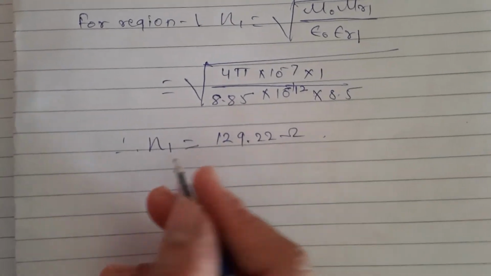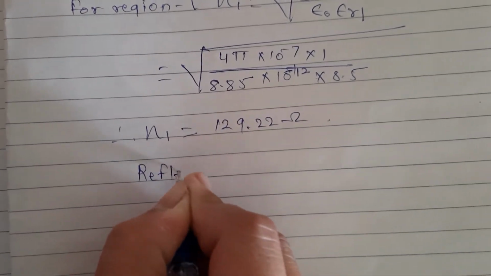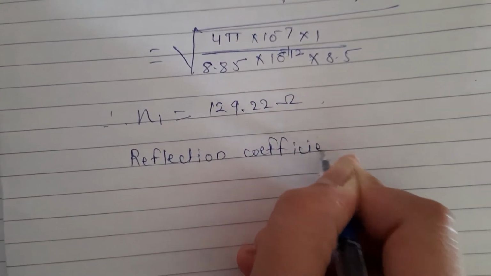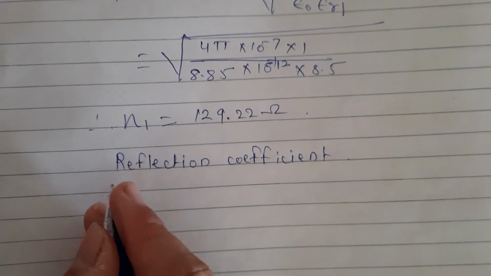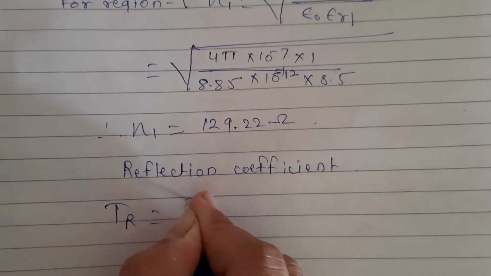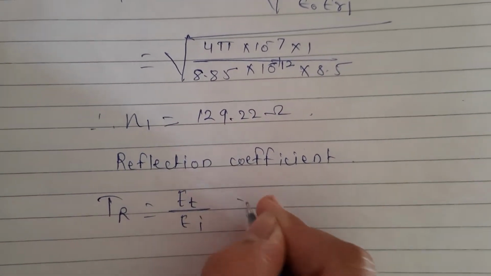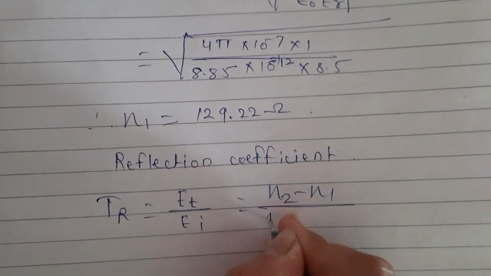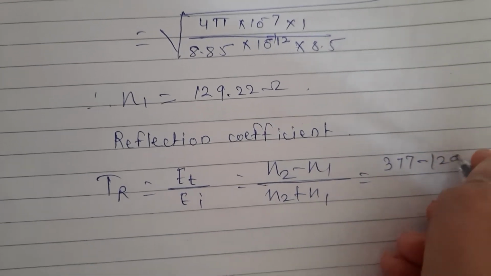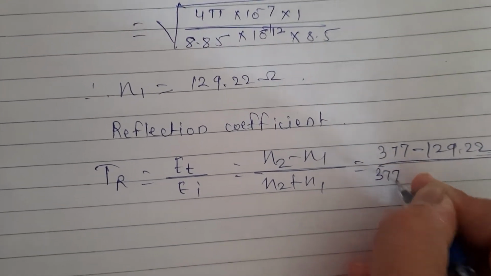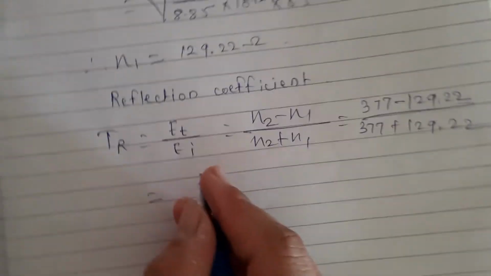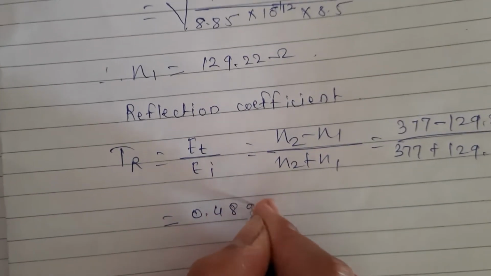Next is reflection coefficient. So TR is equal to ER by EI, that is equal to, now we substitute values here, 129.22 minus 377 divided by 377 plus 129.22, and its answer is minus 0.4895.